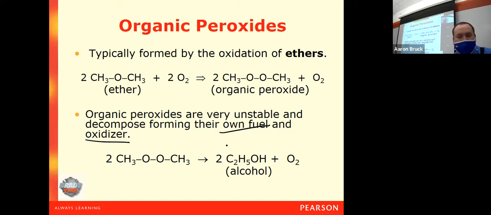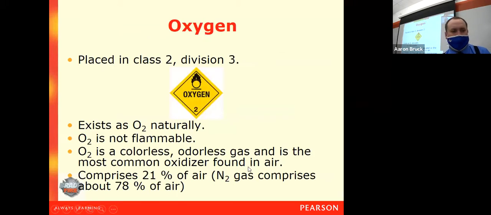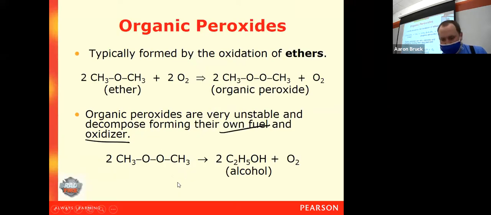The molecule rearranges itself. We end up getting an alcohol. Alcohols are flammable. And we get oxygen gas, which can be used to burn said alcohol. And so this is why organic peroxides get their own subclass by the DOT.